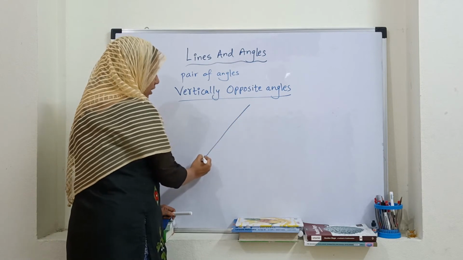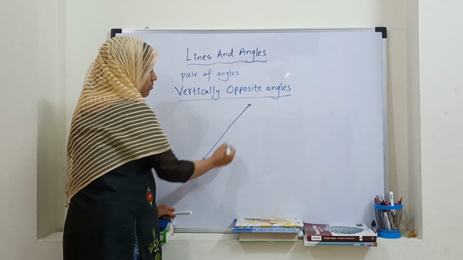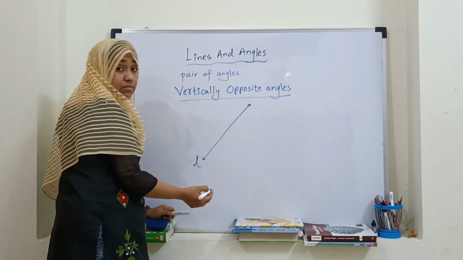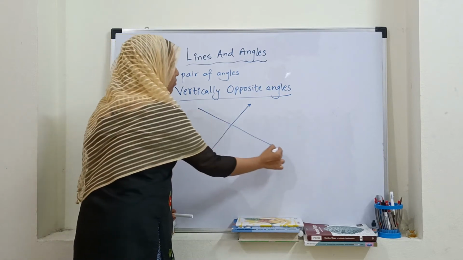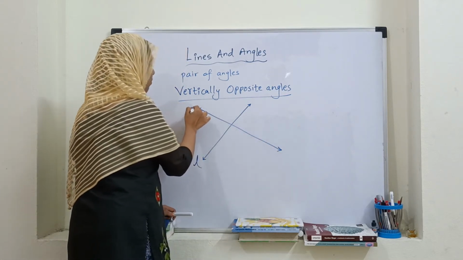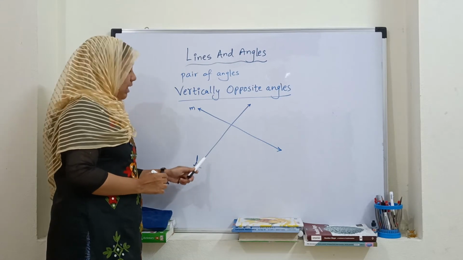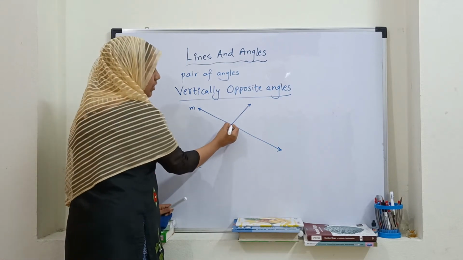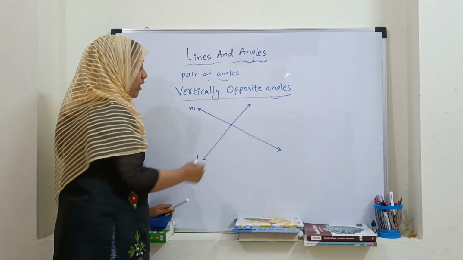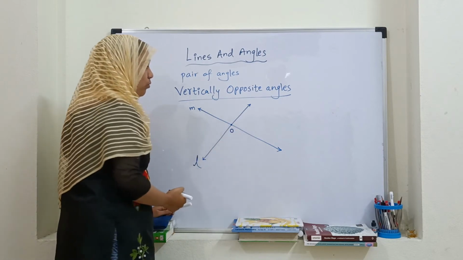For that you need two straight lines. Suppose this is a line L and one more line we have, suppose this is a line M. You can observe here the lines L and M cut each other at one common point. Let's suppose this point is O.